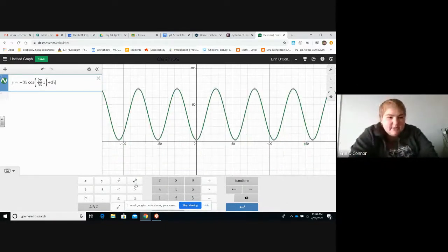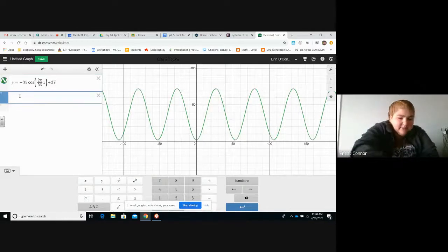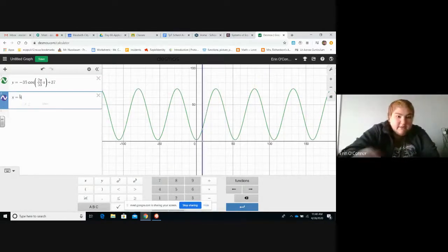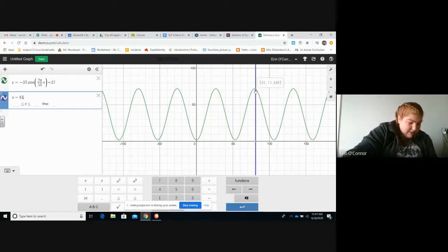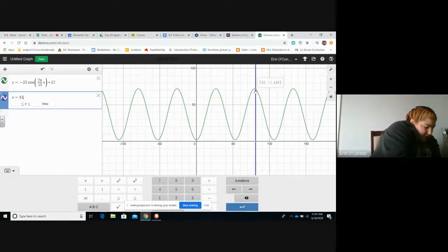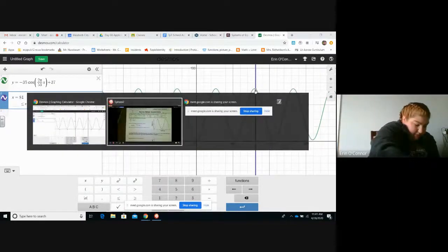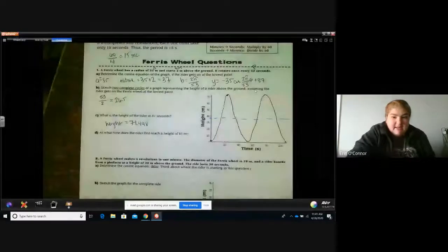So here's this one, and I need to know when x is 81. So x equals 81. And the height's going to be 71.448. So it's right after making it to the top the second time.